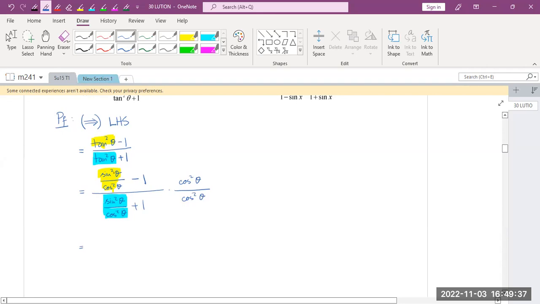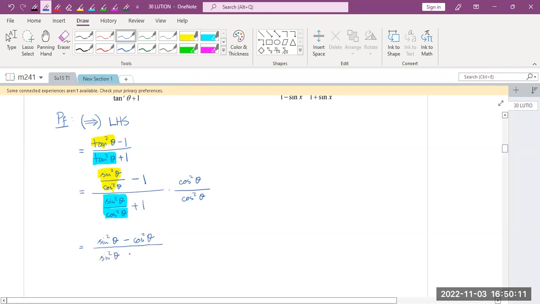Notice that the yellow part here, when you multiply by cosine squared theta, the cosine squared theta will cancel. We get only sine squared theta. On the other hand, the minus 1 multiplied by cosine squared theta gives minus cosine squared theta. In the denominator, we have sine squared theta over cosine squared theta multiplied by cosine squared theta, which cancels.